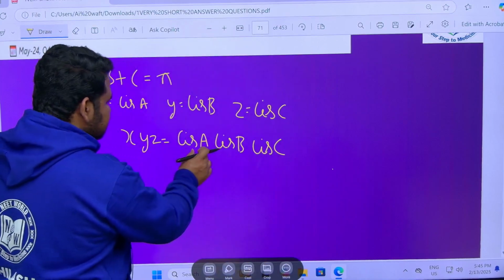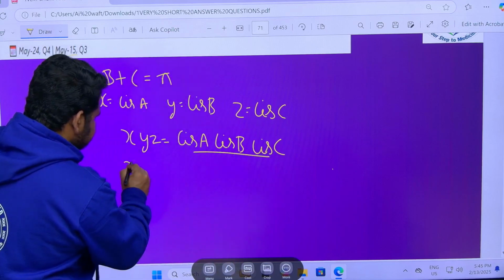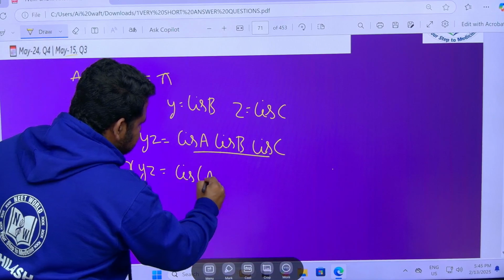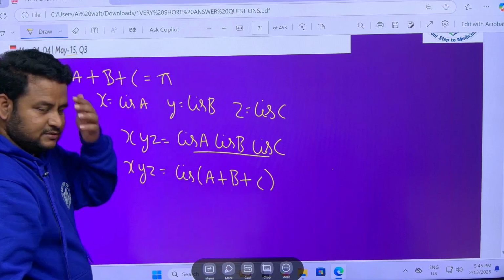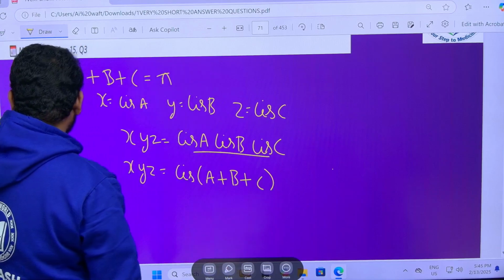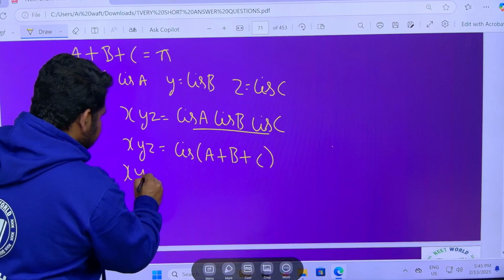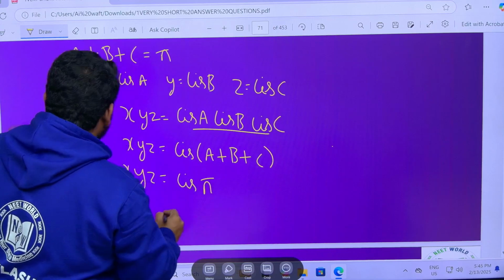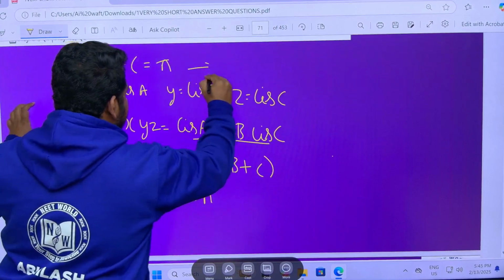So xyz will be equal to cis of A plus B plus C. A plus B plus C is pi, so xyz will be equal to cis pi. You can write it as equation 1.